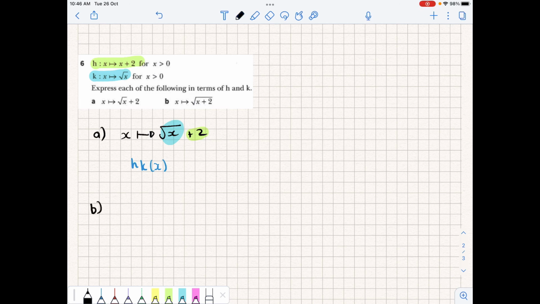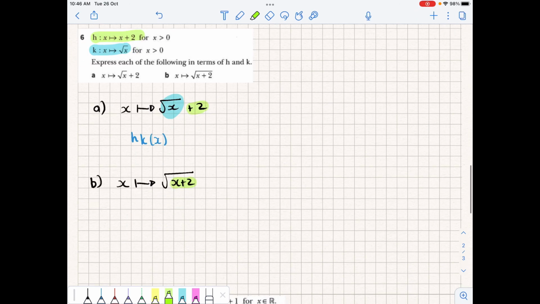And let's have a look at B. In B, we have the function x is mapped onto square root of x plus 2. So we can see underneath the square root, the first thing that's happening is we're having x plus 2. Right? And the function that takes x and adds 2 is h of x.